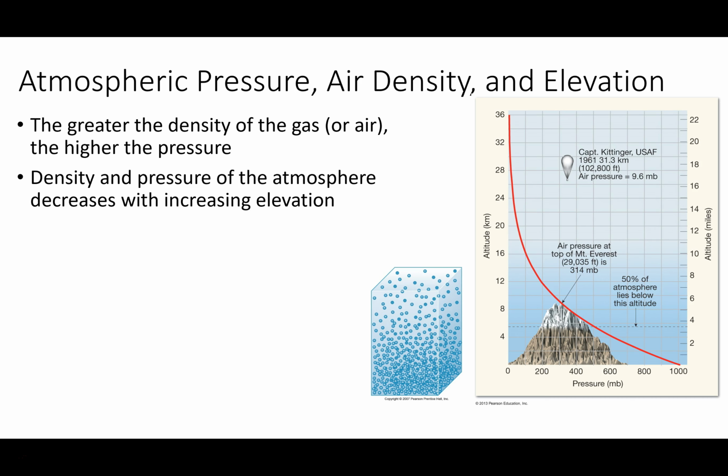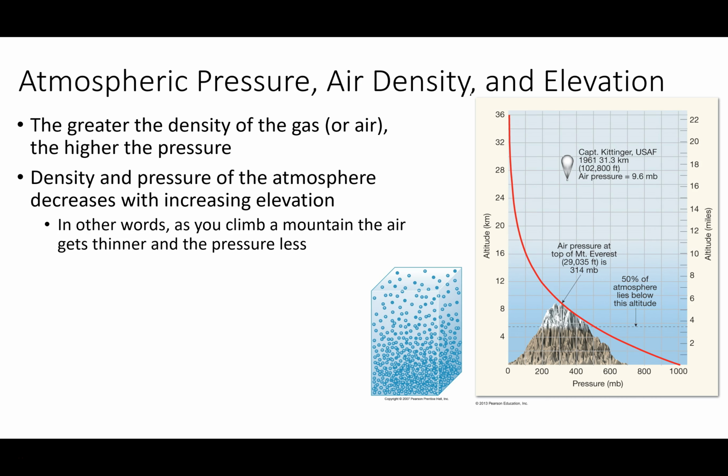There's less bang against you, and you have less oxygen to suck in. I've heard that athletes playing in Colorado might want to go there early and equilibrate their body to that amount of oxygen. So the air gets thinner, less pressure.